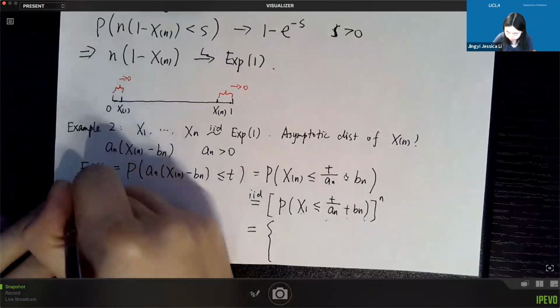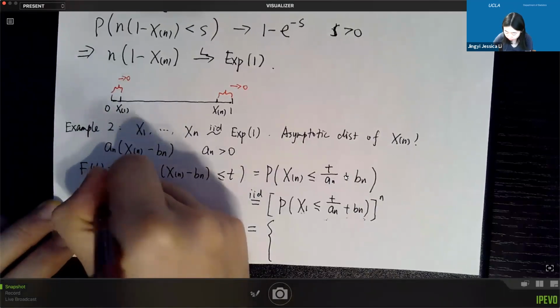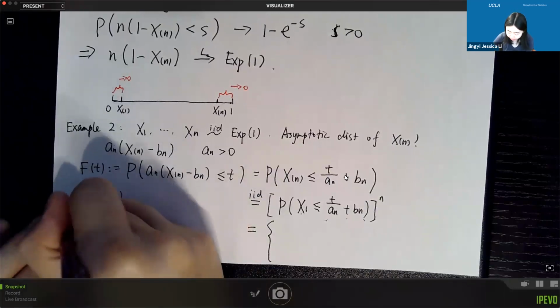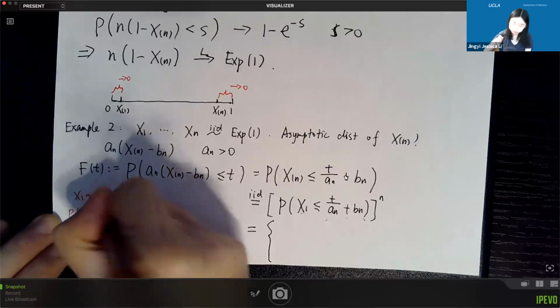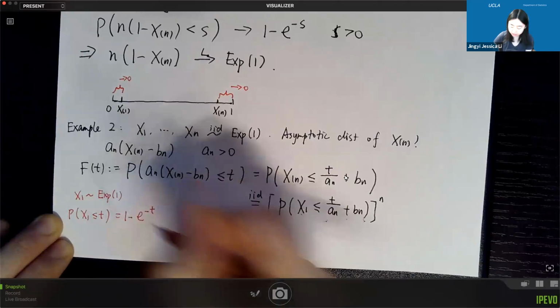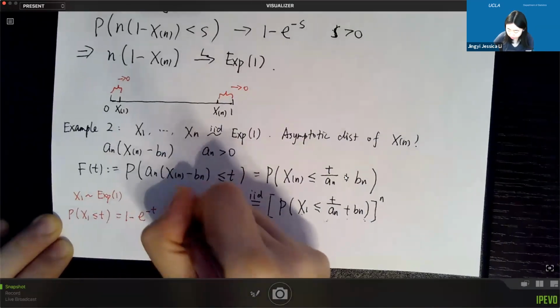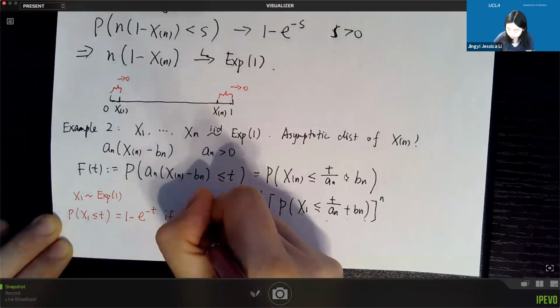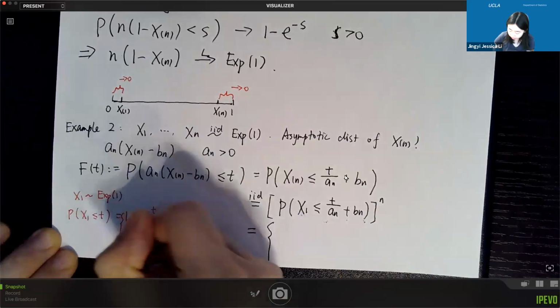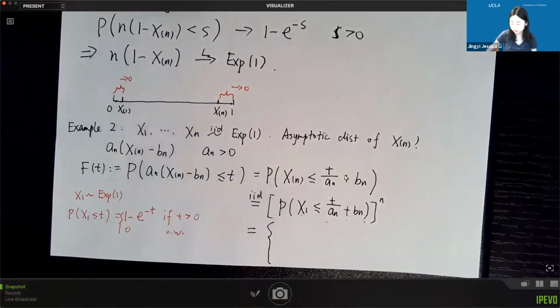Given X1 follows exponential 1, we know that the probability of X1 less or equal than t would be equal to 1 minus exponential of negative t if t is greater than 0, and otherwise it's just 0, because when t is 0, it's also 0, so we combine it with otherwise. This is the fact we know about the exponential 1 distribution.